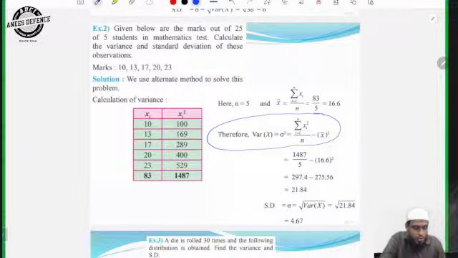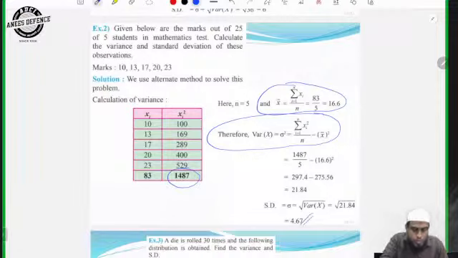So just put this value: 1487 divided by number of observations, which is 5. So 1487 by 5 minus x bar the whole square. X bar is actually summation of i equal to 1 to n xi by n. So just substituting, you will be getting the answer 4.67.